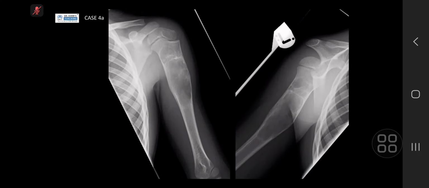Okay, so there's no significant periosteal reaction. The overlying soft tissue is normal. The joints and other bones appear normal to me.